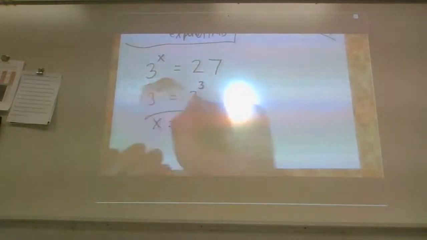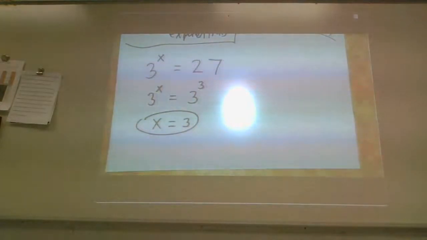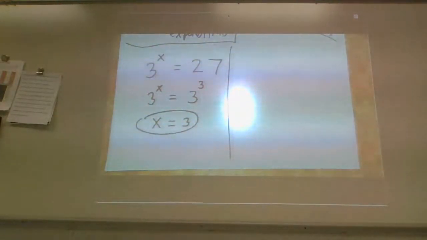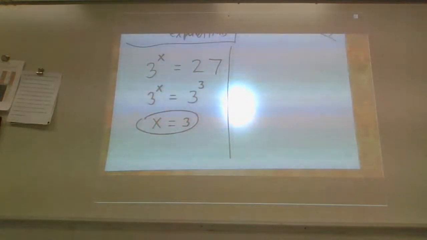If the bases are the same, then the exponents are equal to one another. This is a fundamental skill that we need to practice and hone over the course of this chapter. There are 2 major fundamental skills I'm going to be teaching you today, this being one of them. Here's the property.